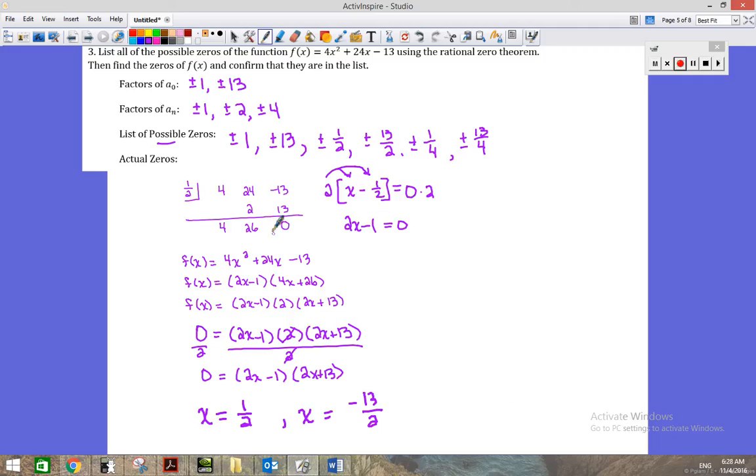Alright, so let's look at our factoring method. Since this was a quadratic, we already had the skills. We didn't actually have to use this rational zero theorem and the remainder theorem and factor theorem and synthetic division to do this. We could just factor, or we could have just simply used the quadratic formula, and the quadratic formula would give us the same result because that's a quadratic equation.